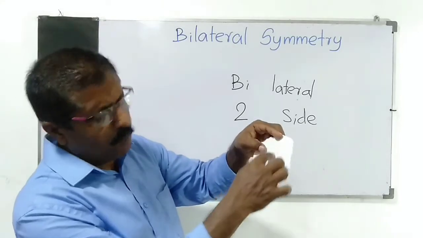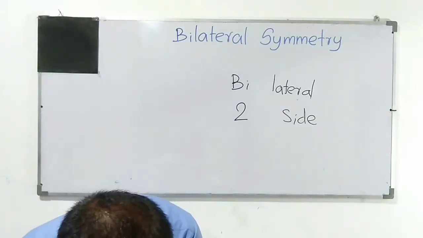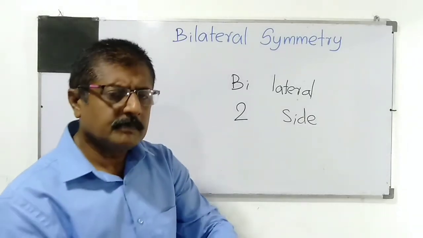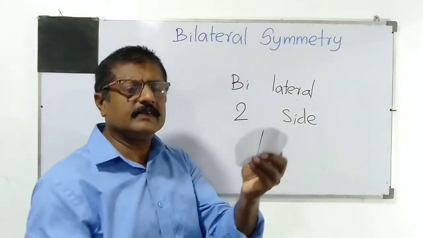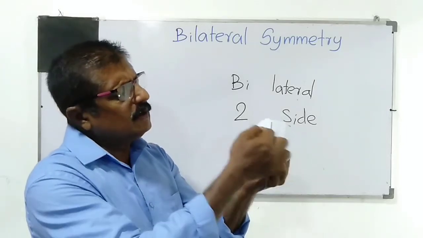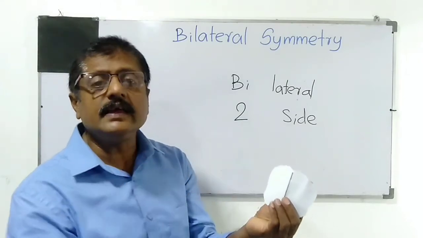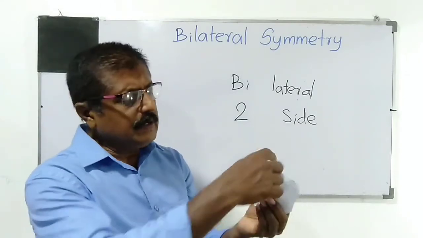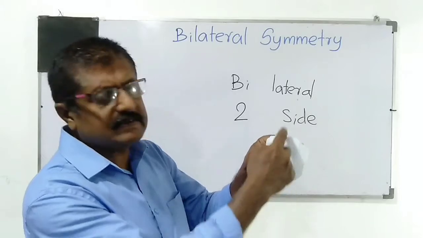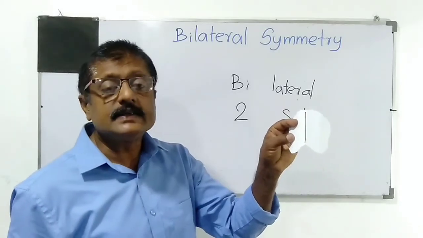Now this is the fold line. Here I drew this fold line. This is the fold line. Now from this fold line, all these measurements on either side are equal. Therefore, we can call this an axis of bilateral symmetry.